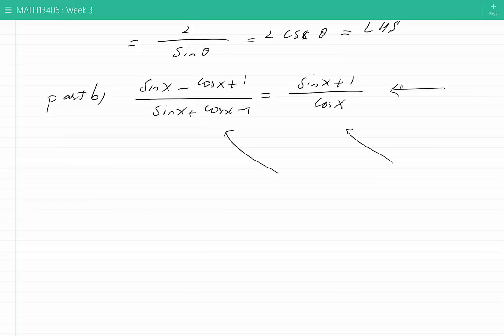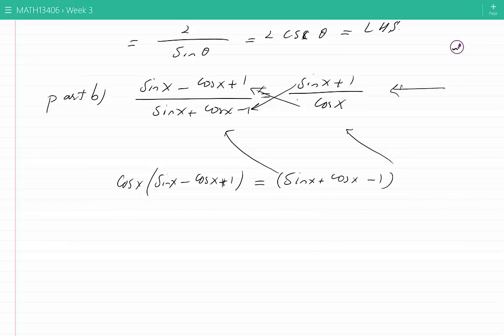If I do a cross multiplication, I would get cos x times (sin x − cos x + 1) is equal to (1 + sin x + cos x − 1) times (sin x + 1). And I can simplify the left hand side.